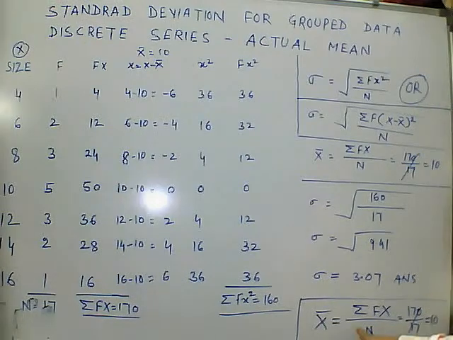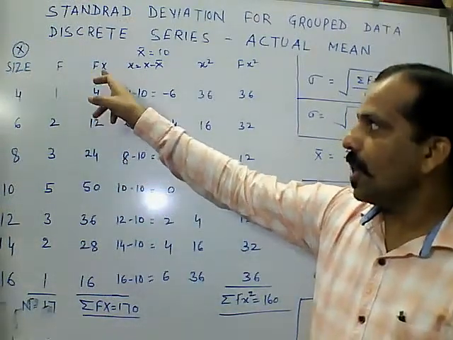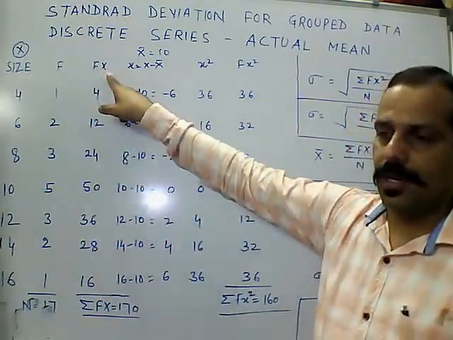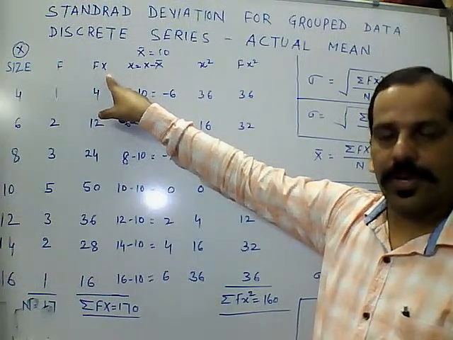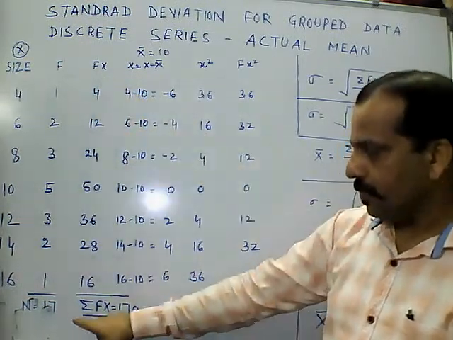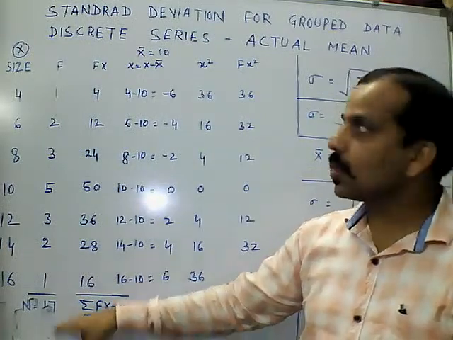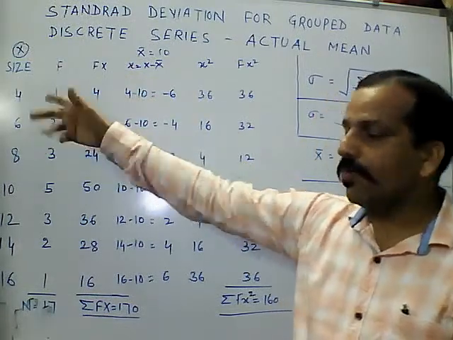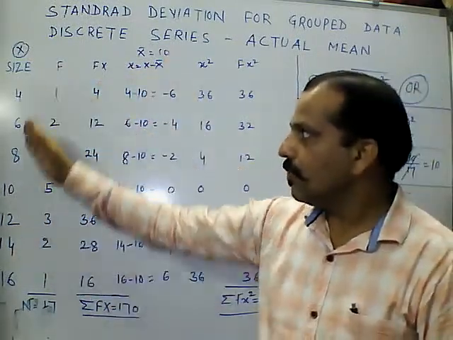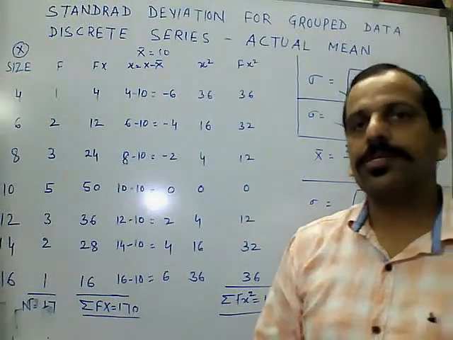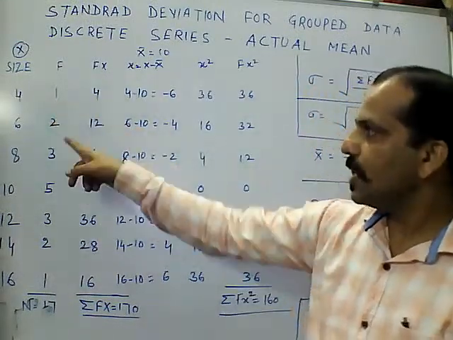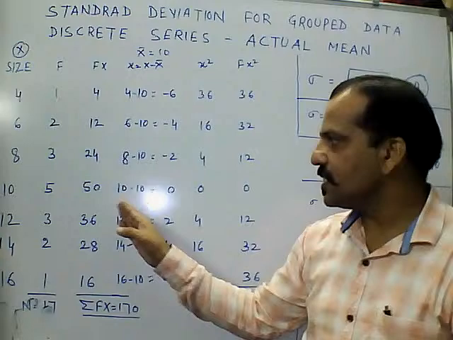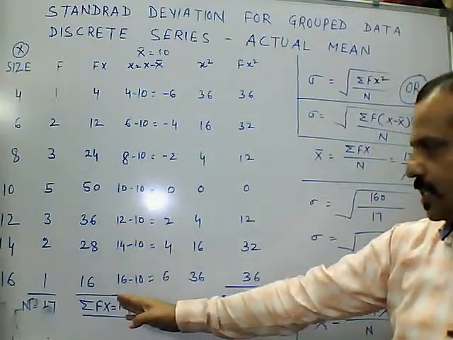So here fx, summation of f into x, divided by number of observations. We multiplied here f into x. So 170 divided by 70 is equal to 10. Now find out the difference or deviation from this 10 with respect to the other values of the series. So 4 minus 10, 6 minus 10, 8 minus 10, 10 minus 10, 12 minus 10, 14 minus 10, 16 minus 10.